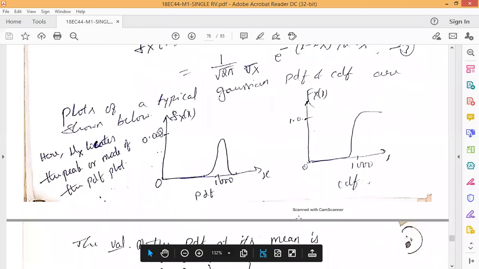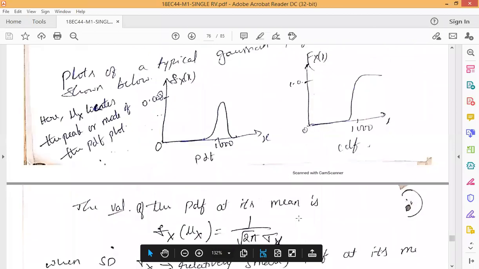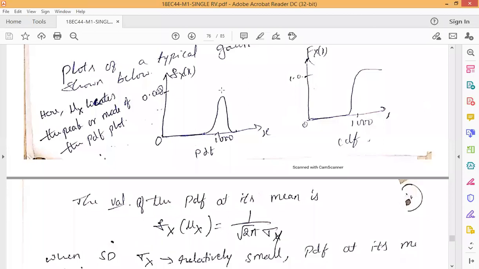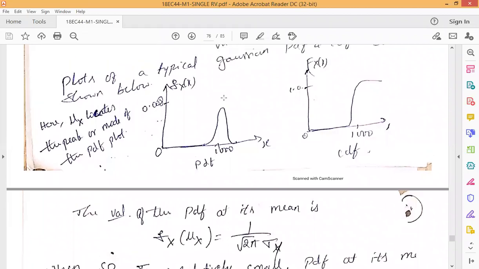You have to remember these plots and just plot them. The plots are drawn about the mean value, and the PDF takes its peak value about its mean value. So the value of the PDF is maximum about its mean.